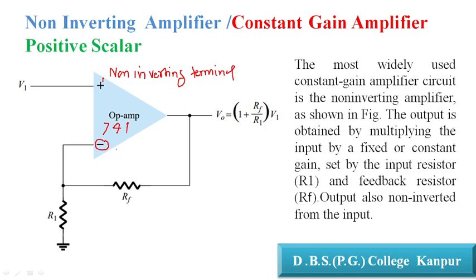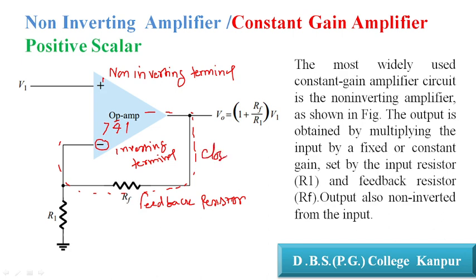This is called the inverting terminal. This is your feedback resistor. This section is also called the closed loop.